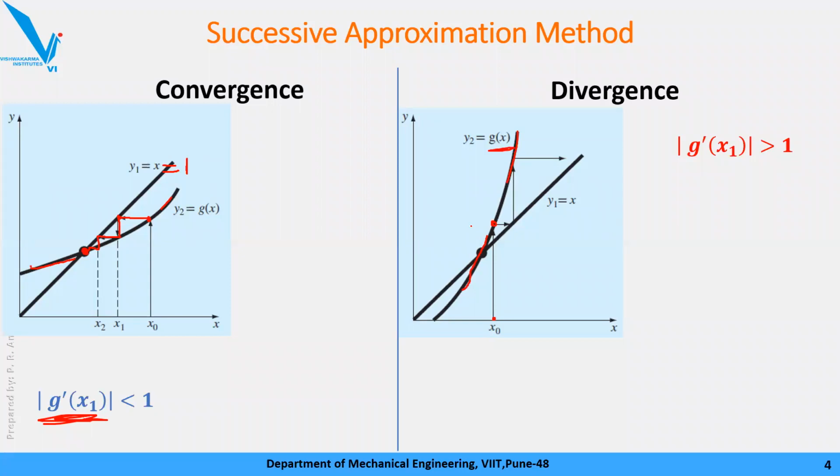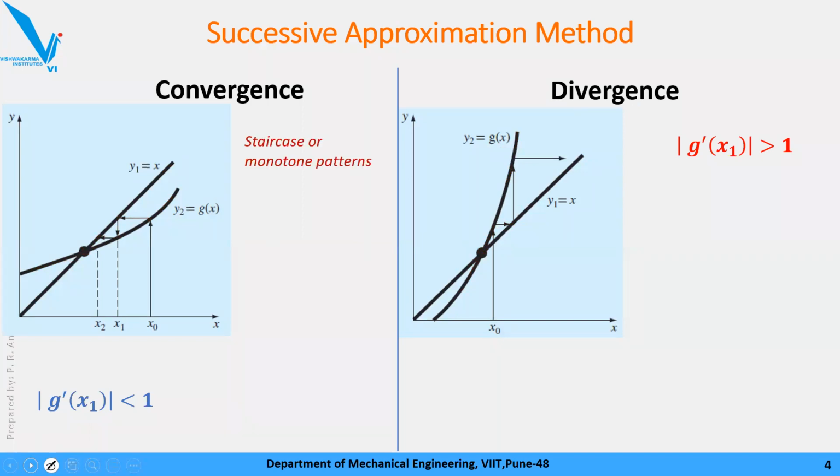We will use the same value for our next iteration, meaning we put it into y equal to x. Again with the same value we calculate g of x. Now see, our root is here, but we are going away from the root, so we call it divergence. But the flow of this governing equation is in the form of a staircase.